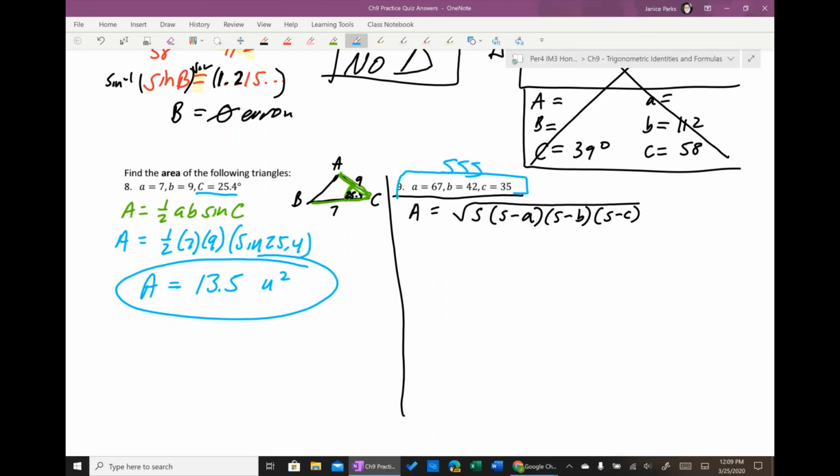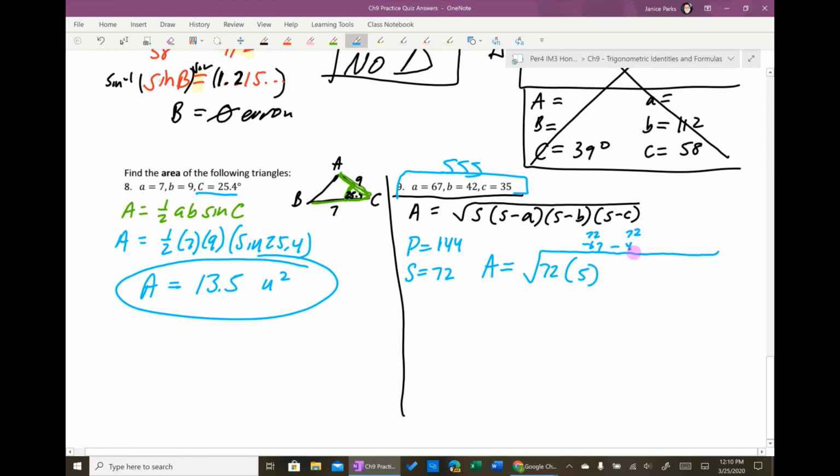For the second one, first you have to find perimeter. The perimeter is 144. That means that the semi-perimeter is 72. So the area is the semi-perimeter, which is 72, and then it's 72 minus the first side, 72 minus the second side, and 72 minus the third side.